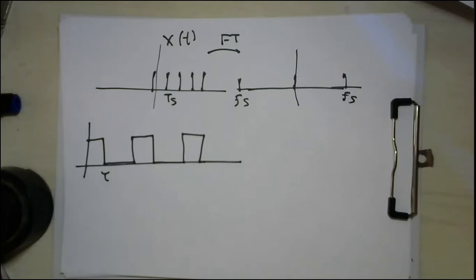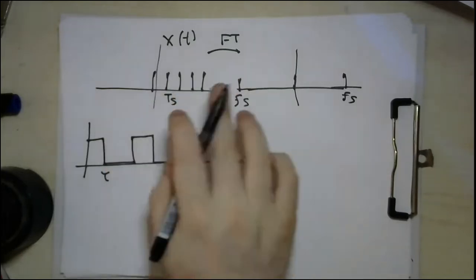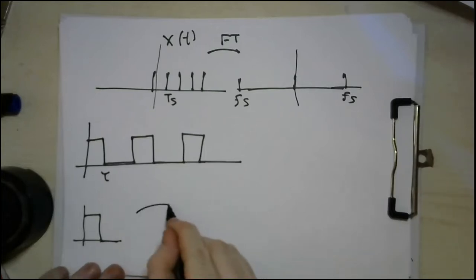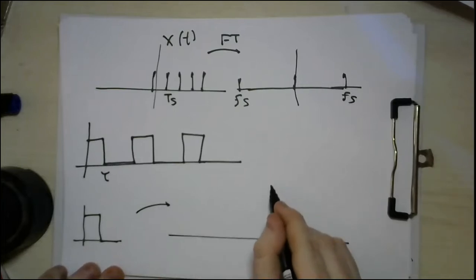So what we are going to do is typically the same that we did here. If I have one period of this pulse, this is typically the first Fourier transform we did together. This is a rect function. So you know that this rect function will become a sinc function.